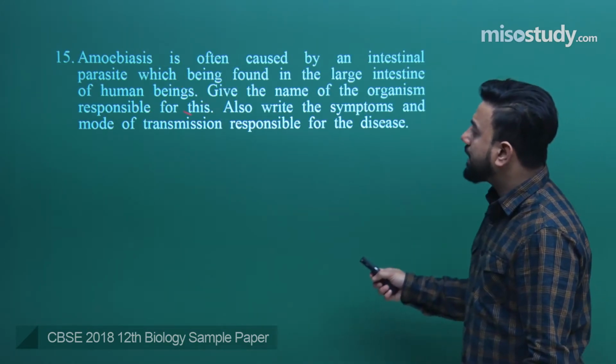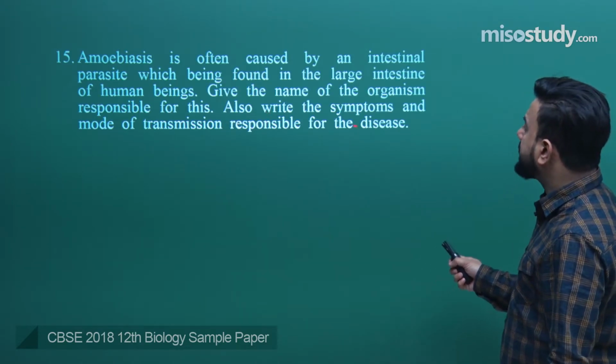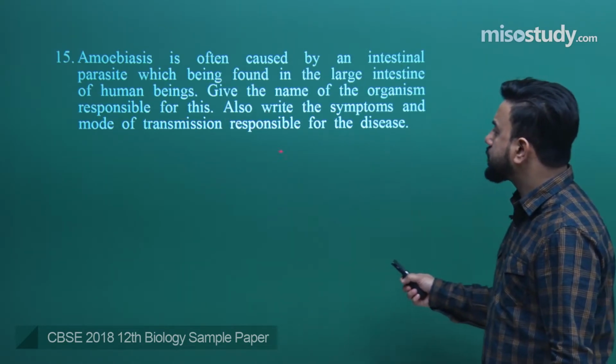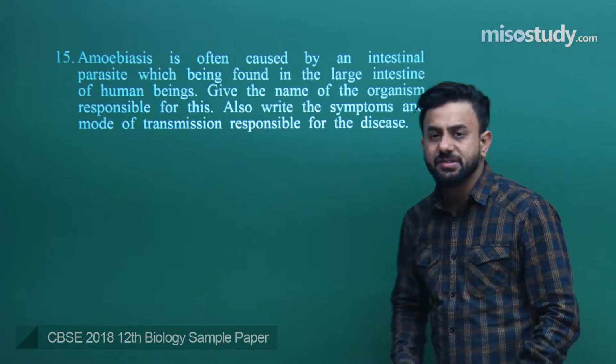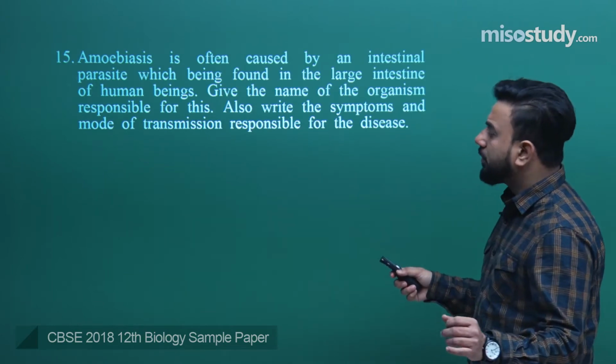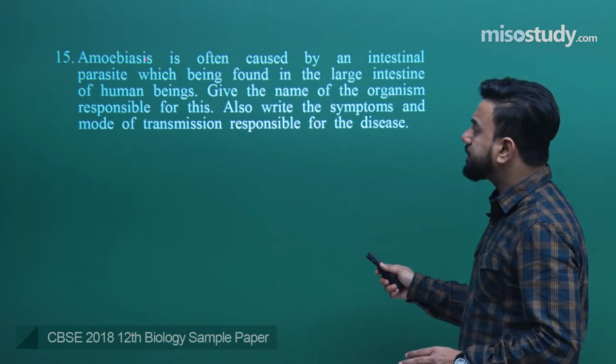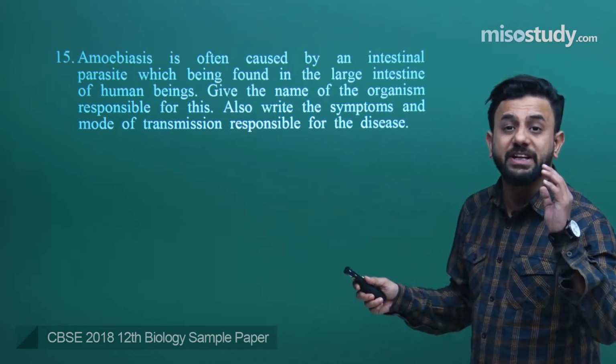Give the name of the organism responsible for this, and also write the symptoms and mode of transmission responsible for the disease. So this question has basically three parts. First it is giving the information: that amoebiasis, which is also called amoebic dysentery.